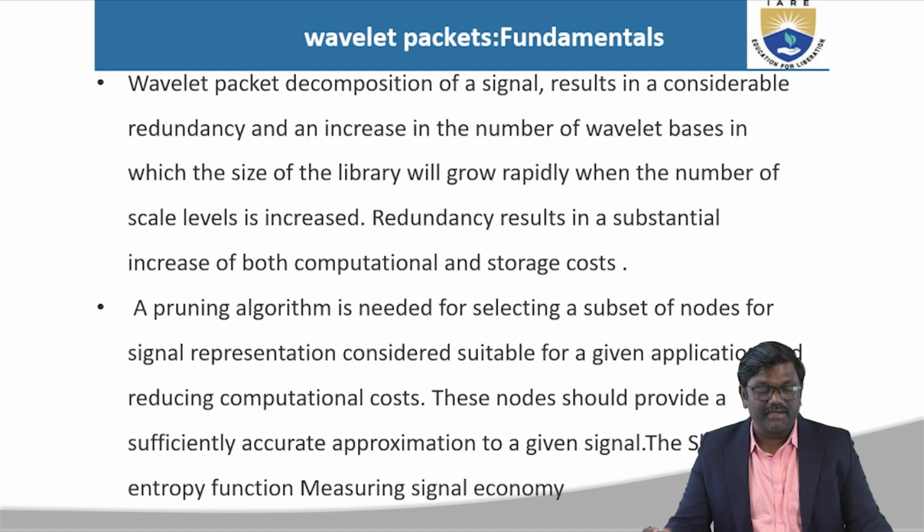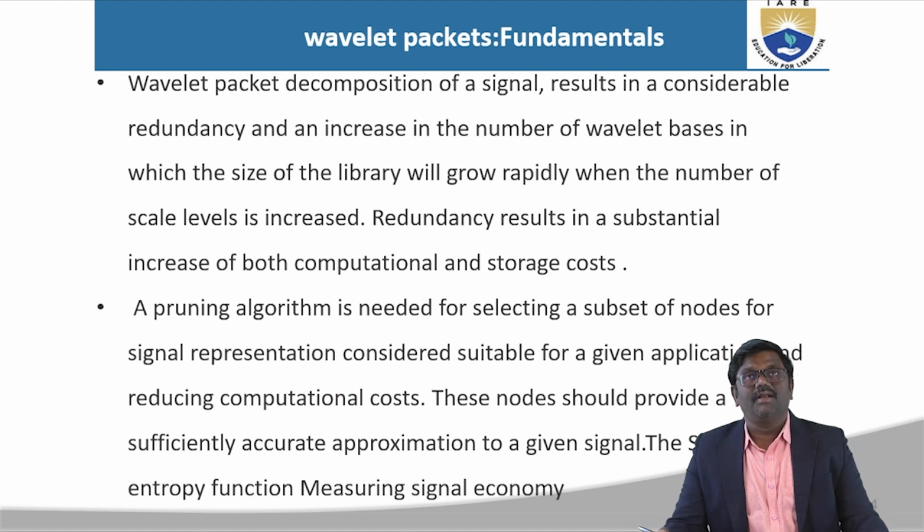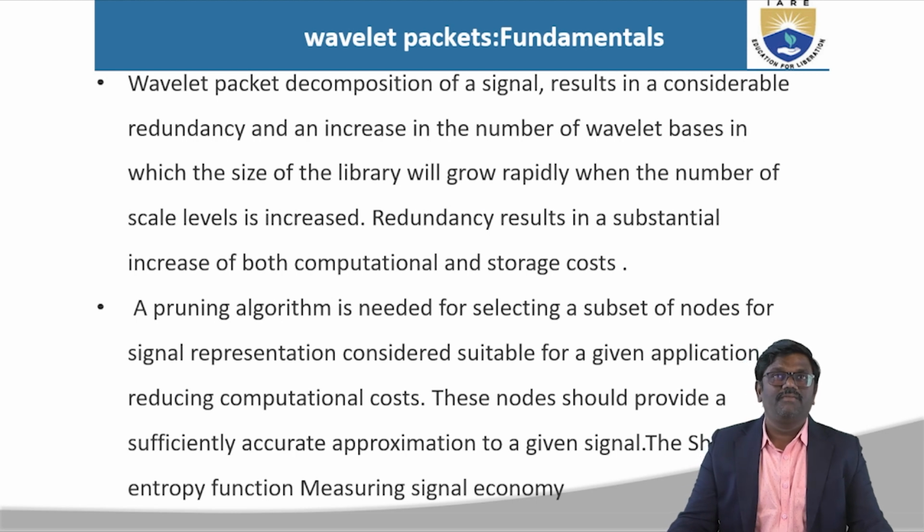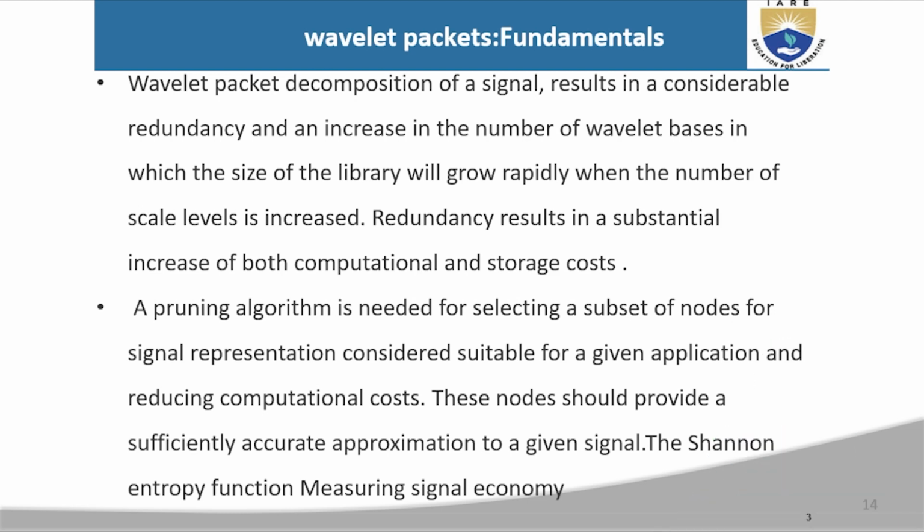So what you want to understand is that wavelet packet decomposition of a signal results in considerable redundancy and an increase in the number of wavelet bases, in which the size of the library will grow rapidly when the number of scale levels is increased. Redundancy results in a substantial increase of both computational and storage costs.